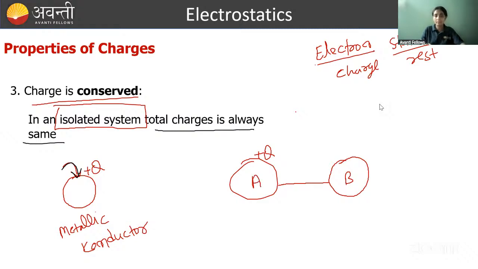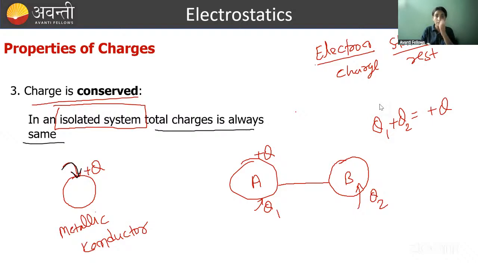What is going to happen in that case? Let's say charge transfer happened such that on A the total charge now remaining is Q1, and on B the total charge is Q2. So we can easily say here Q1 plus Q2 will be plus Q. Because initially only metallic conductor A was having charge, how much?